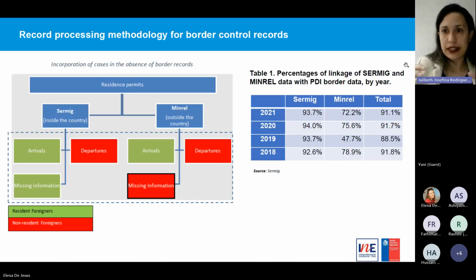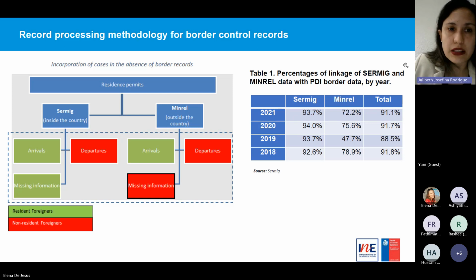After having the one single database that combines CERMIC and MINREL information, those who have died are subtracted, and this is done by matching the death records of the civil registry using the variable RUN. And then this database is sent to PDI so they can add the variables of movement direction, which is entry or exit, and the date of the last movement, and for every estimation we filter as of December 31st of each year.